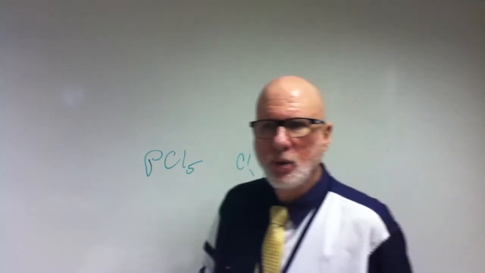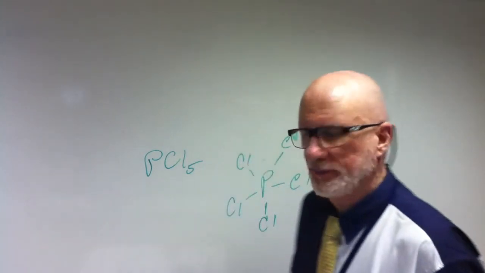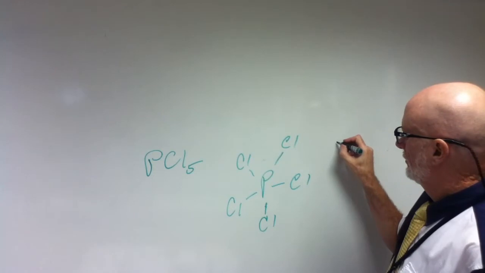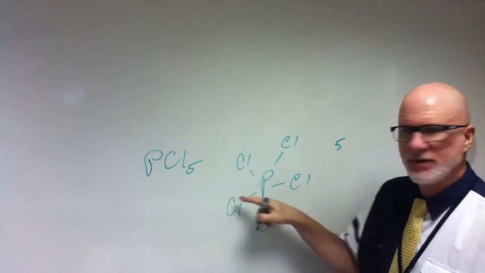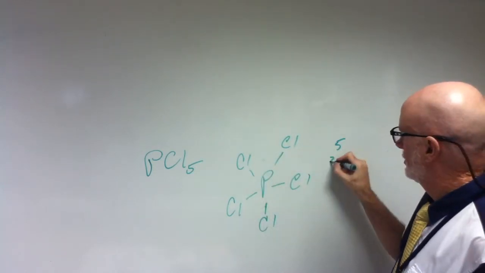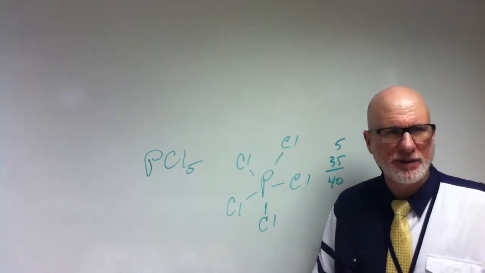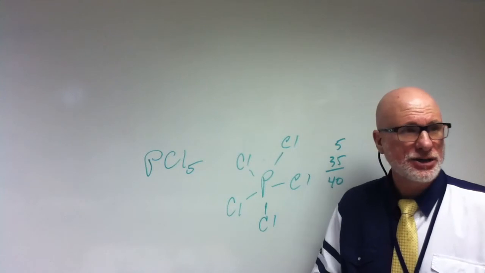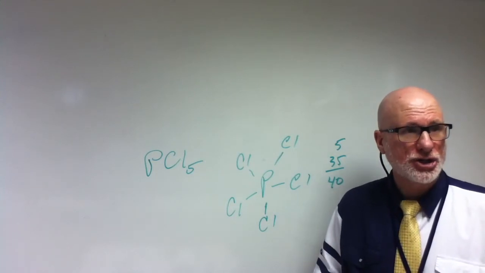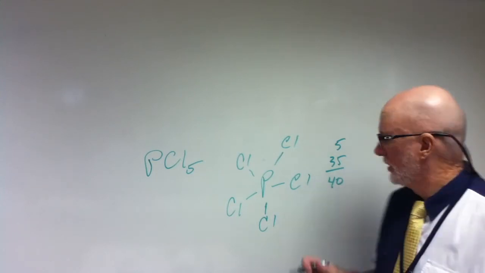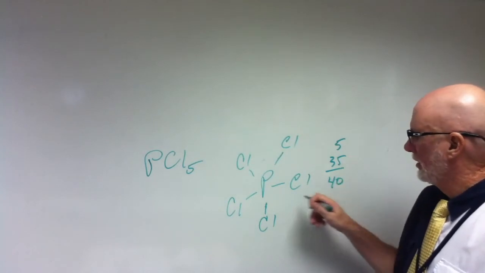Okay. What's the total valence? 5, and then 5 times 7 is 35, 40. You need even numbers. Have you figured that out yet? Unless you have a charge. Now, what would that be?